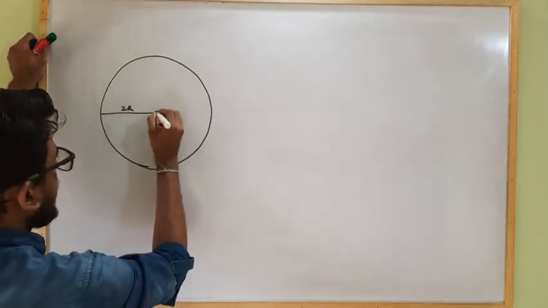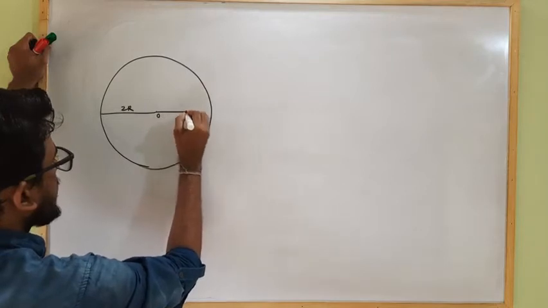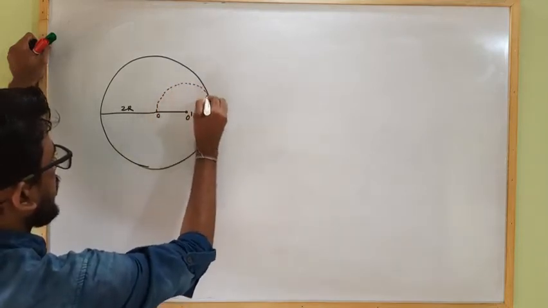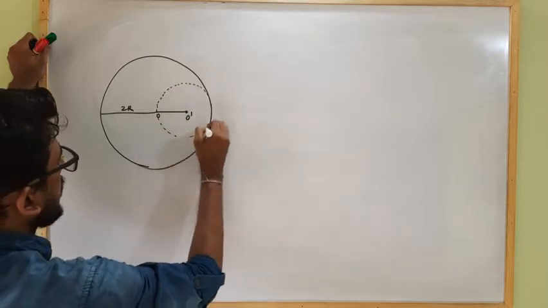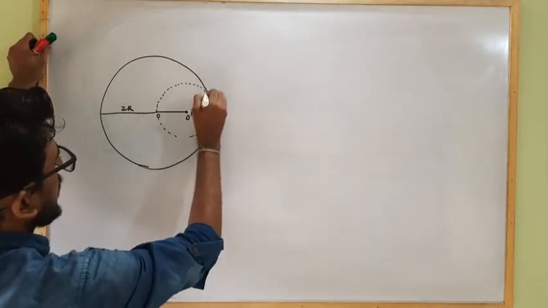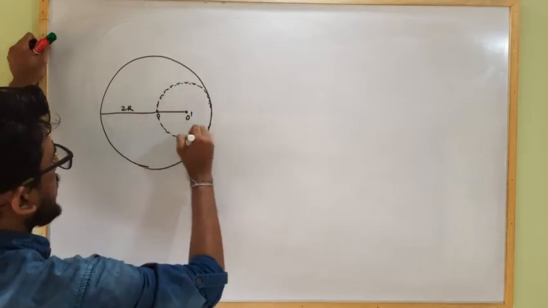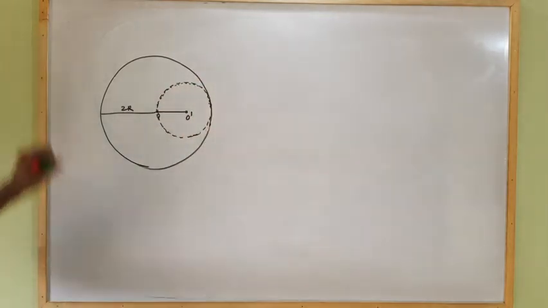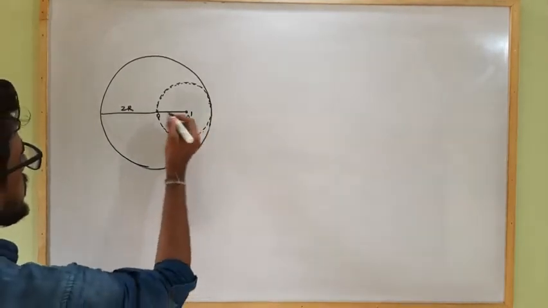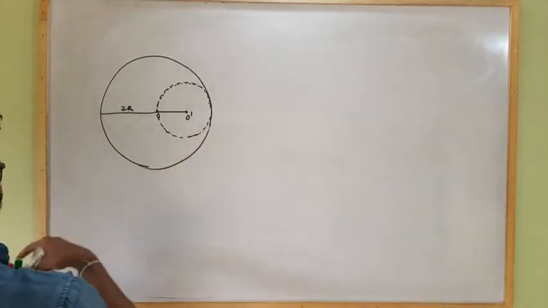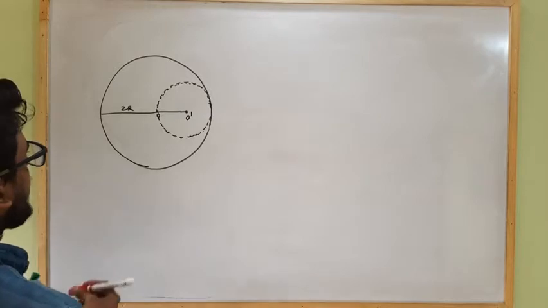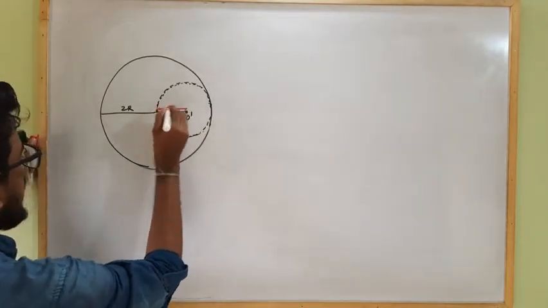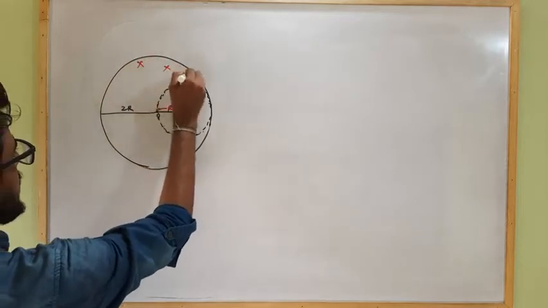And there is another cavity at center O dash of radius r. Okay, this is the cavity within the current carrying conductor, and this is radius r of the cavity.